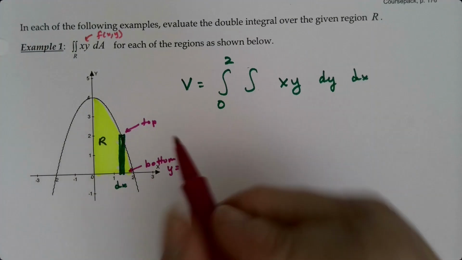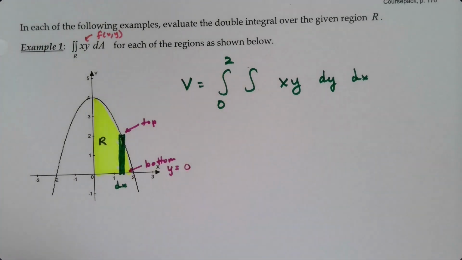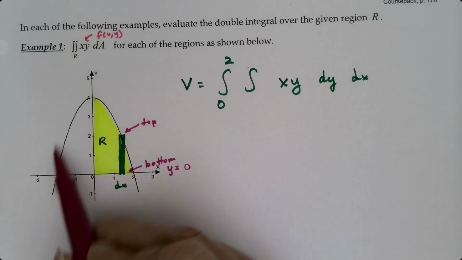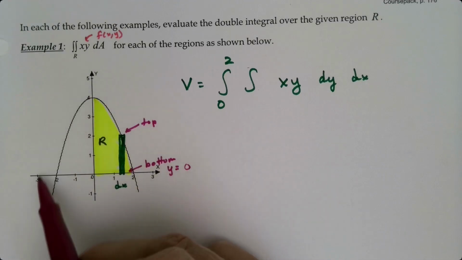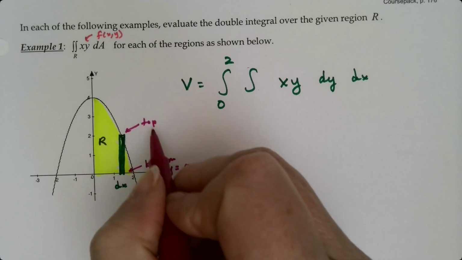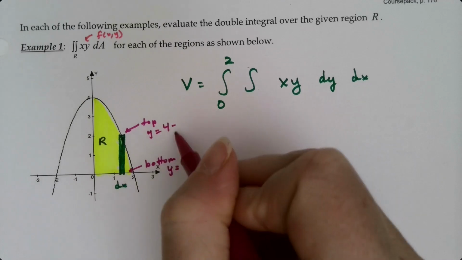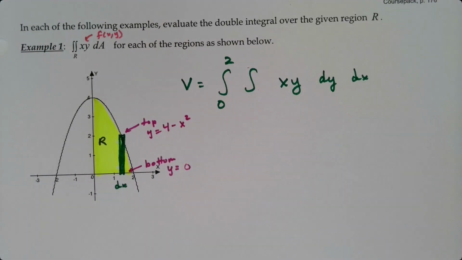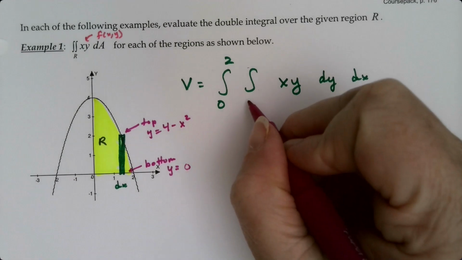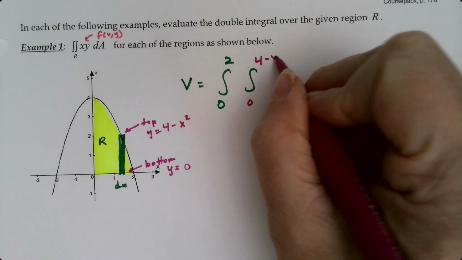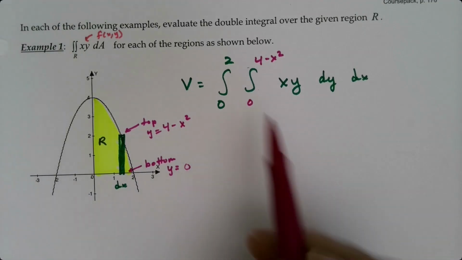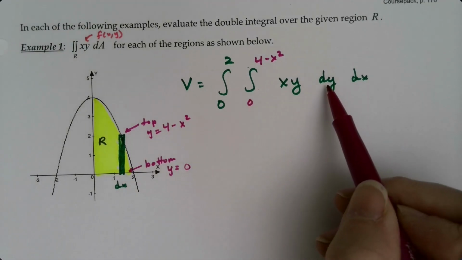The top part, well, this is a parabola. So this is y equals 4 take away x squared. All right, so that's what we're going to put in here: 0 to 4 minus x squared. And these are y values because they go with the dy.